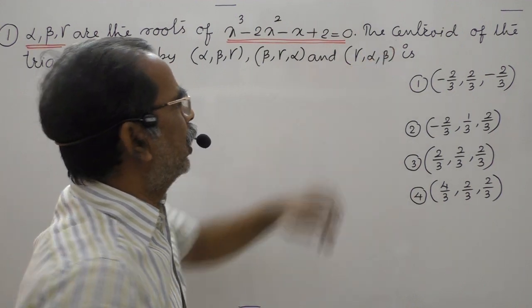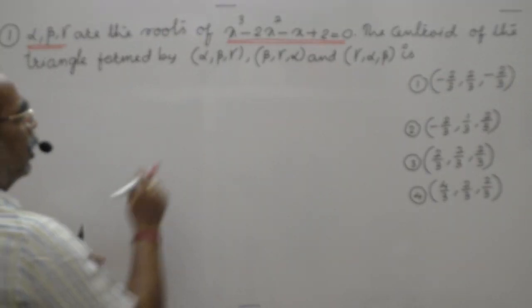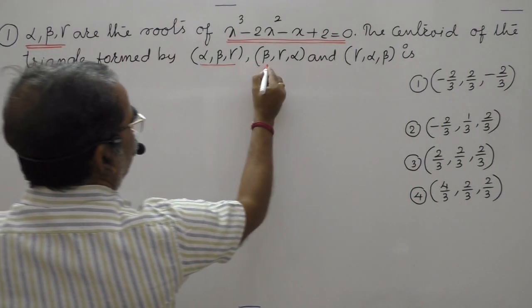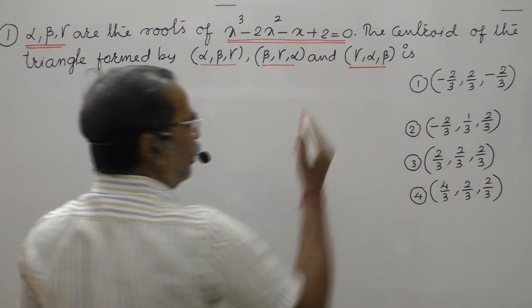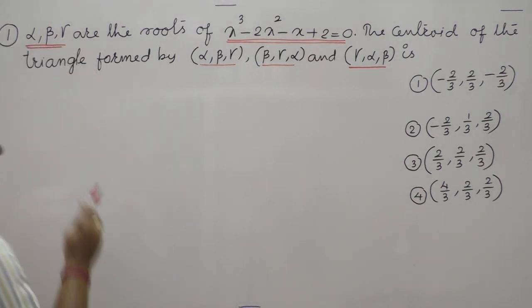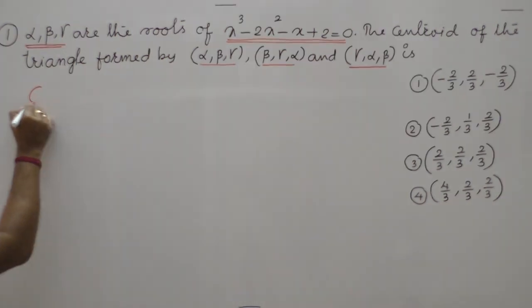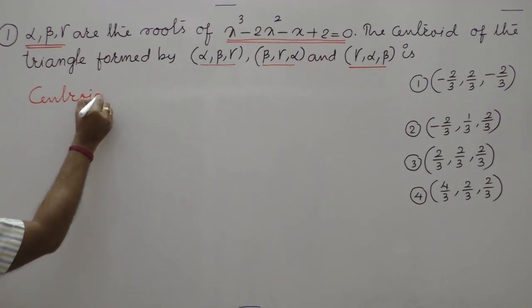Okay, the centroid of the triangle formed by 3 points alpha, beta, gamma, alpha and gamma, alpha, beta. So centroid is to be found. Very simple. So I will find the centroid. What is centroid?